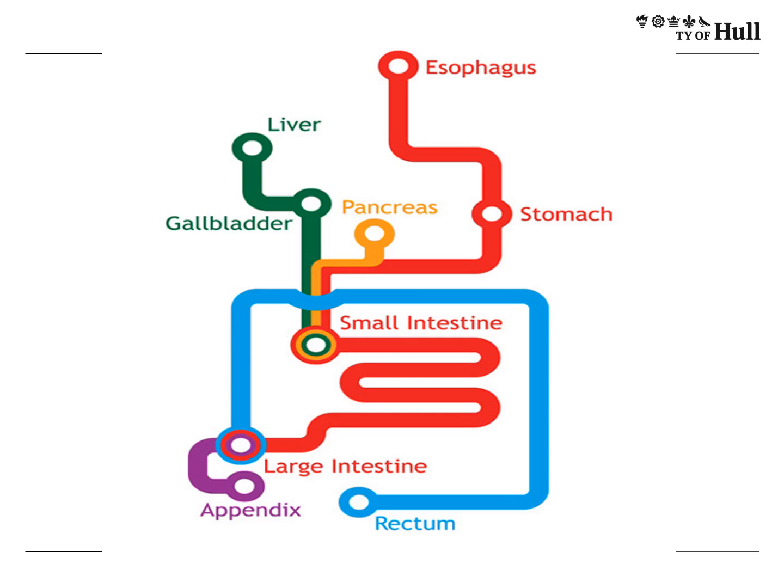This diagram, which is quite clever and very abstract, shows the gastrointestinal tract laid out rather like an underground railway system. In red, you've got the gastrointestinal tract from the esophagus down through the stomach and small intestine down to the large intestine. Then the large intestine is shown in blue down to the rectum. There's an appendage there called the appendix, which serves no useful function in humans.